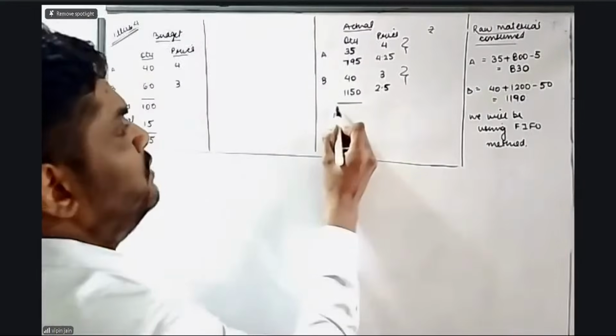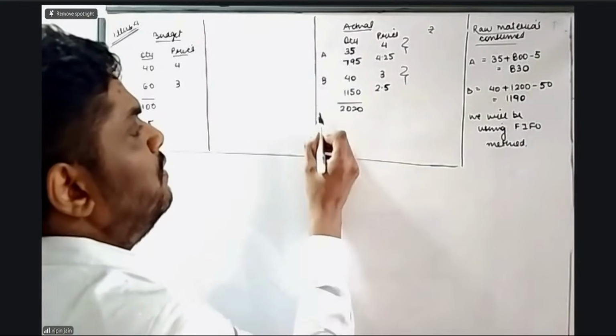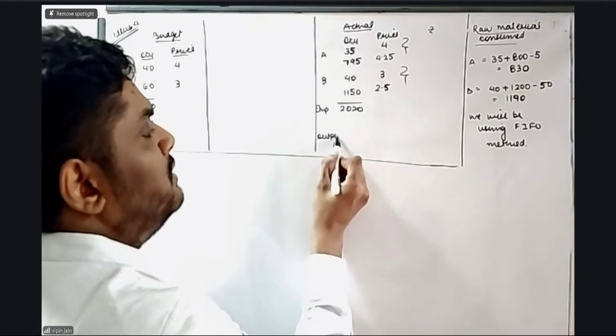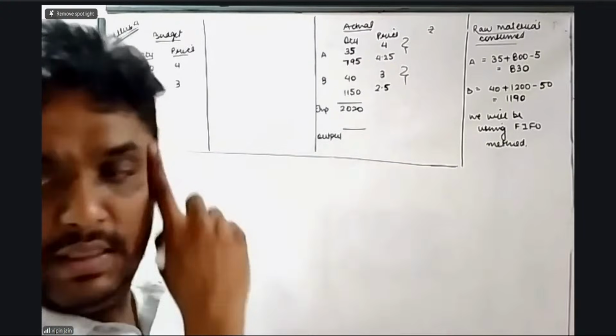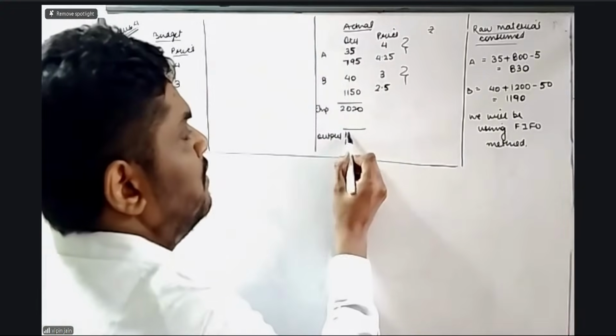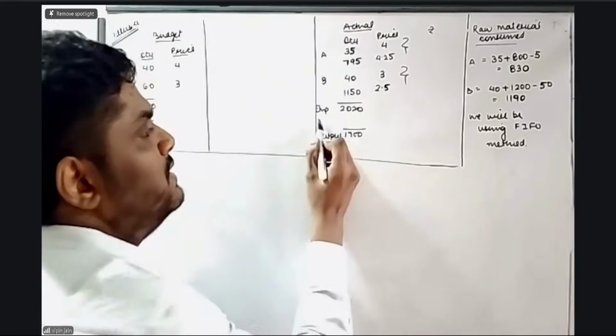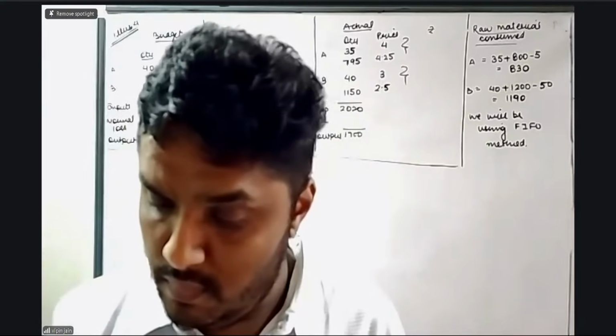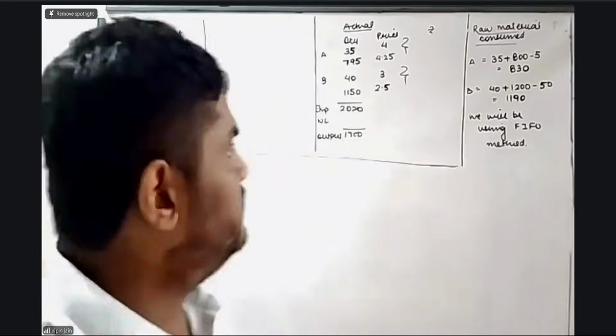So my total inputs are 2020 and my output is how much? It is given in the question, that is 1700 kgs. So we can say my normal loss will be 320.